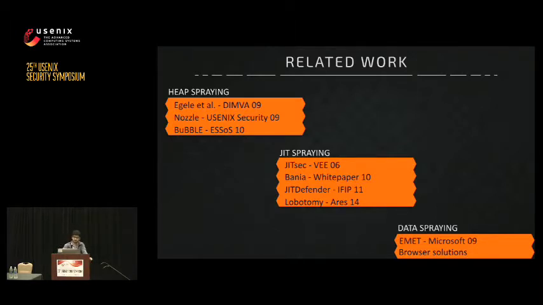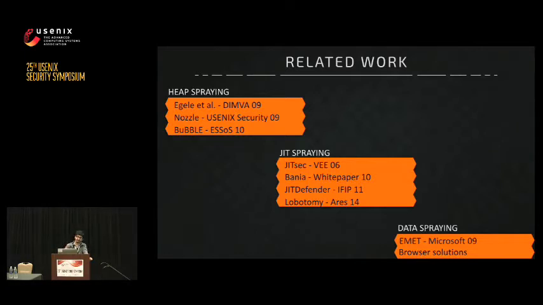We have some companies that propose, like Microsoft, that proposed EMET. EMET is a more generic solution in order to harden applications. And among other things, it has a really interesting feature that is the anti-pivoting. Then we have, again, some solutions proposed by some browser developers, like the isolated heap or the delayed free, that anyway hinder the browser exploitation, in which the spraying is one of the steps.